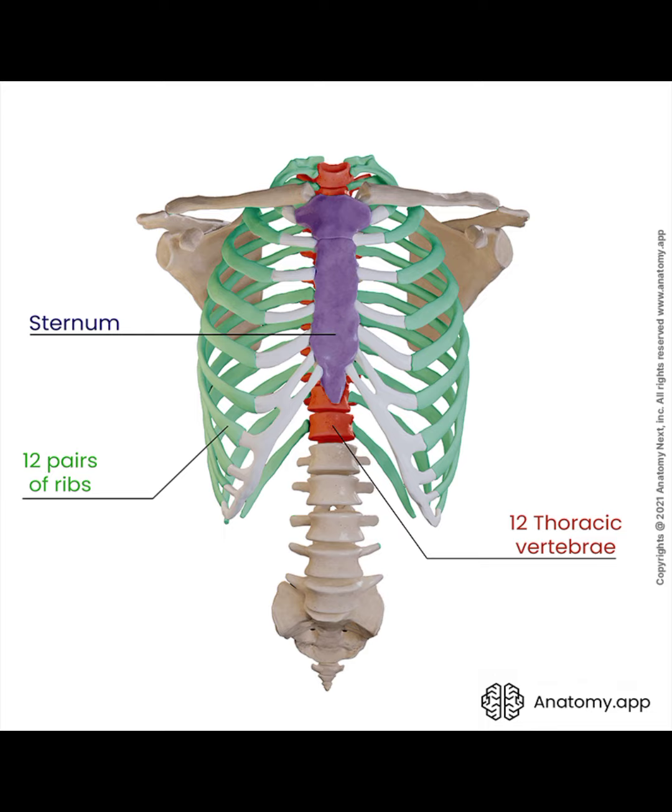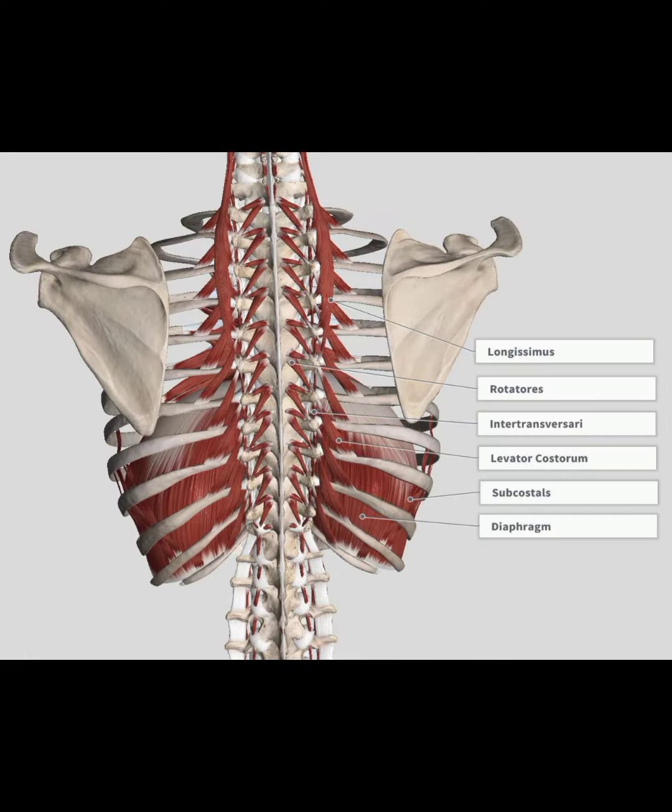The thoracic cage is formed by the sternum, ribs and thoracic vertebrae. There is one sternum, 12 pairs of ribs and 12 thoracic vertebrae.